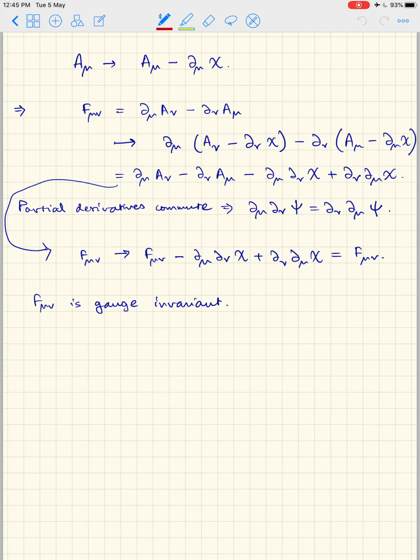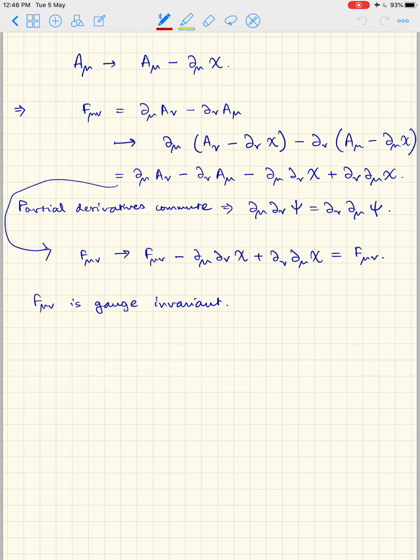You could have reversed your argument, starting with F mu nu being gauge invariant, and saying that hence it has to be constructed out of electric fields and magnetic fields. But okay, so that's what we learned in this shorter lecture today.